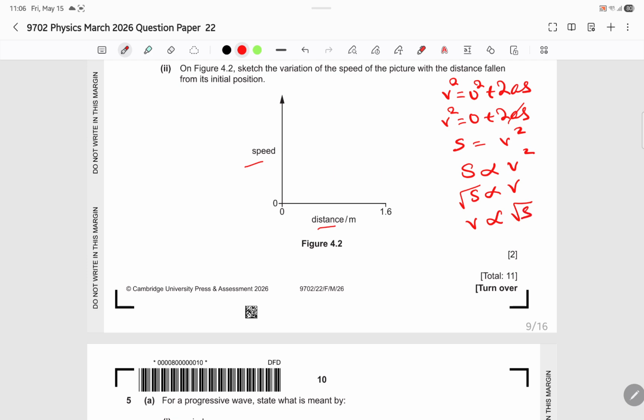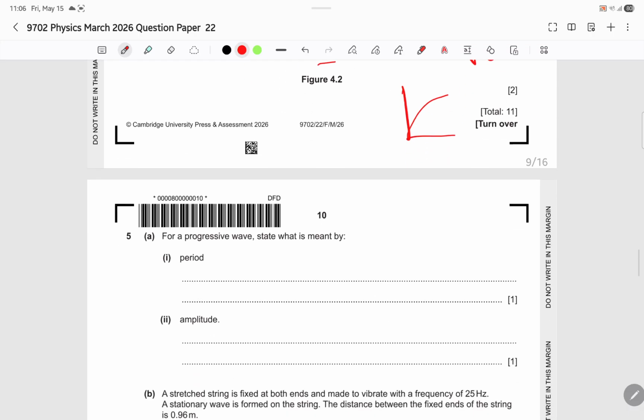So it's not an increasing curve, it should be a decreasing curve. This is the same as momentum against time. Whenever it's a root over curve, just remember the shape, it's like this. So it is going to be the same here. That is what it's going to be.